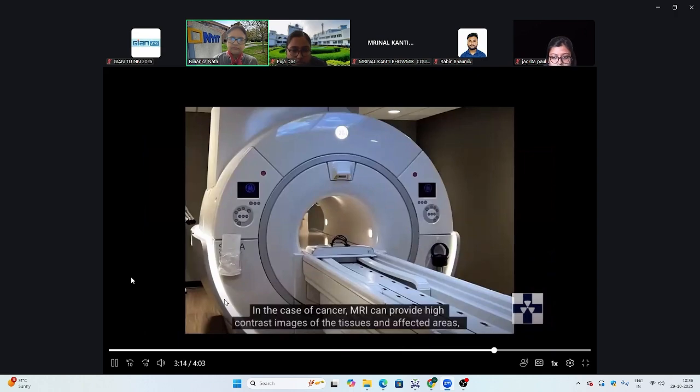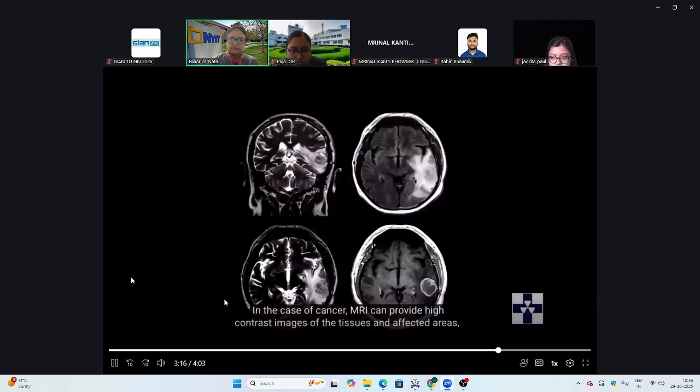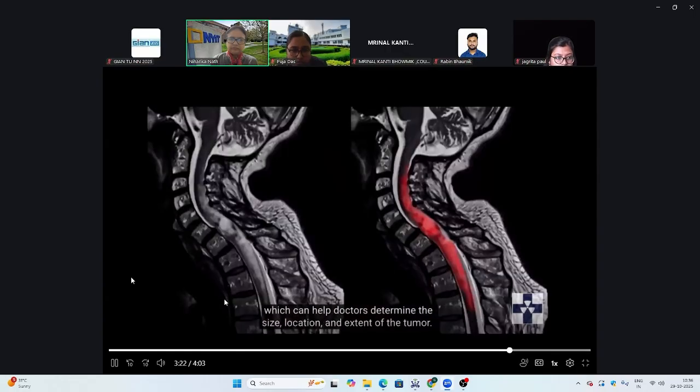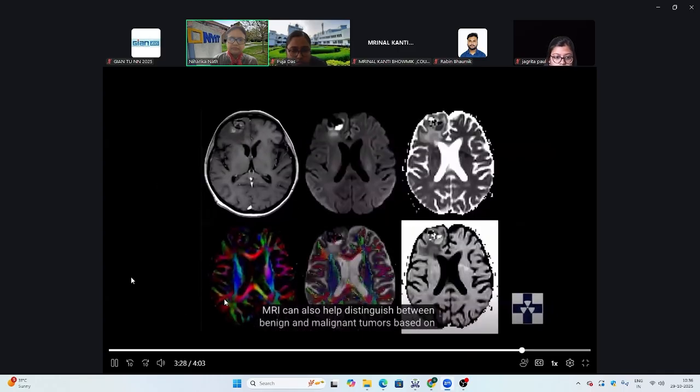In the case of cancer, MRI can provide high contrast images of tissues and affected areas, which can help doctors determine the size, location, and extent of the tumor. MRI can also help distinguish between benign and malignant tumors based on the characteristics of the tissue.